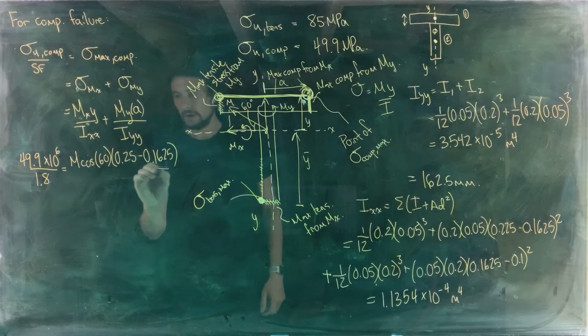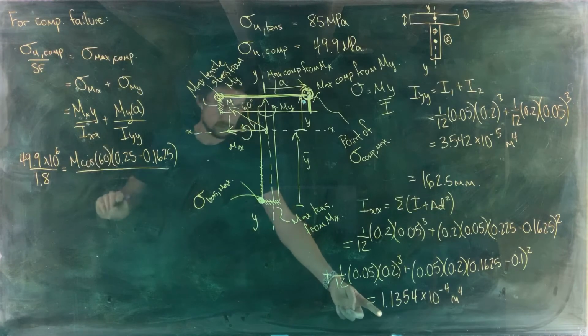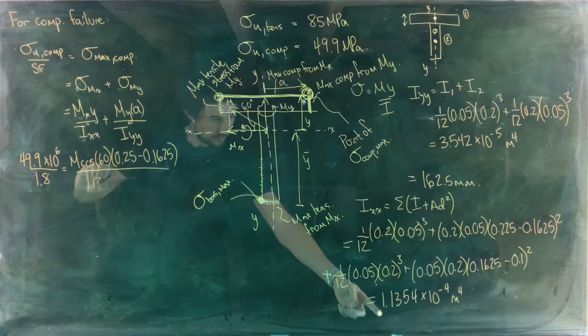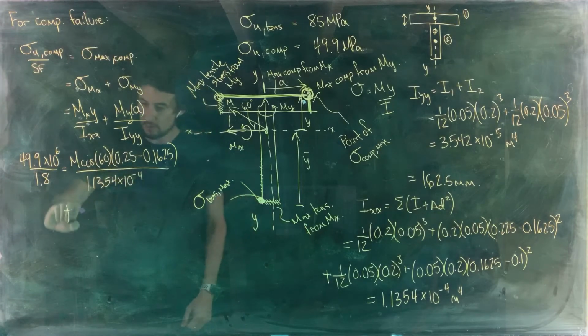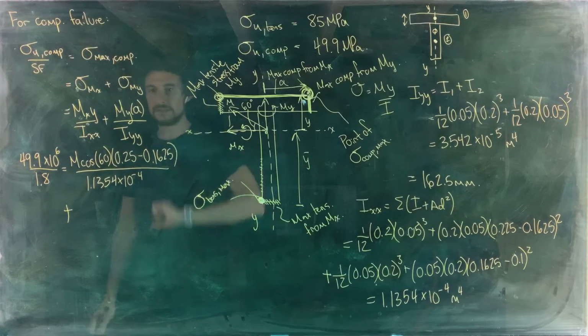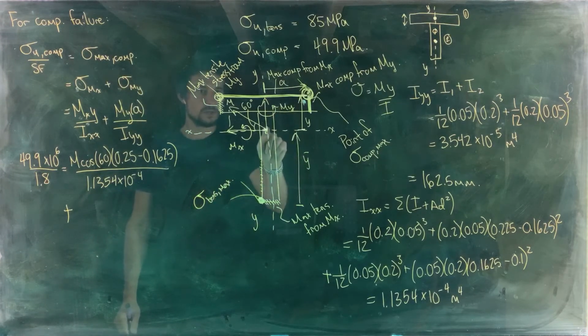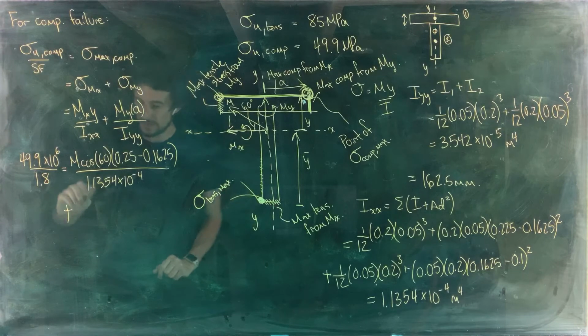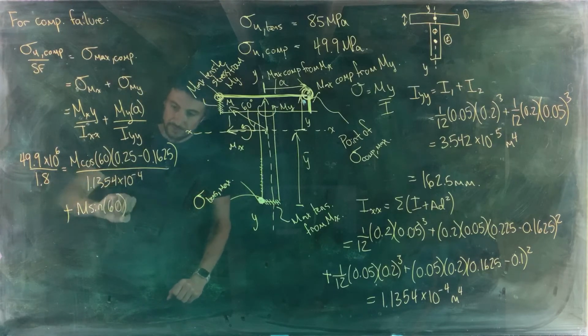Okay, divide that by Ixx, down there, 1.1354 times 10 to the minus 4. And then we're adding on the second term here. So My is going to be M multiplied by the sine of 60, M sin 60.